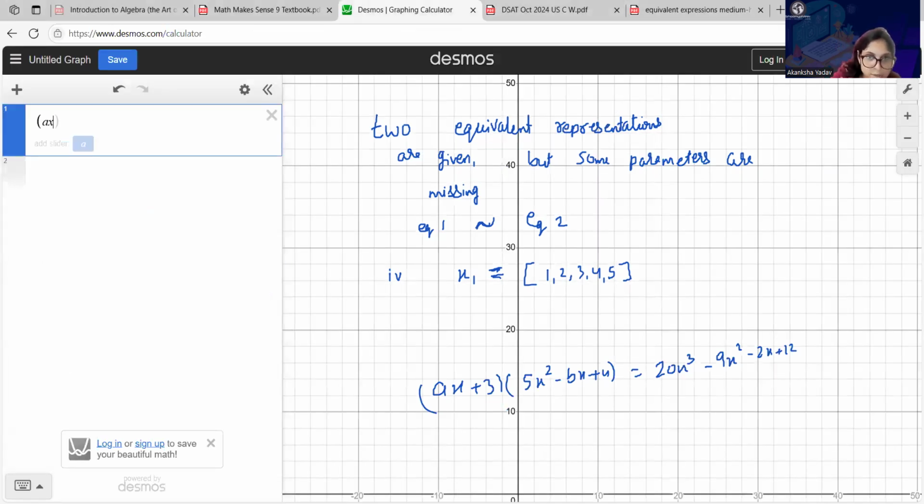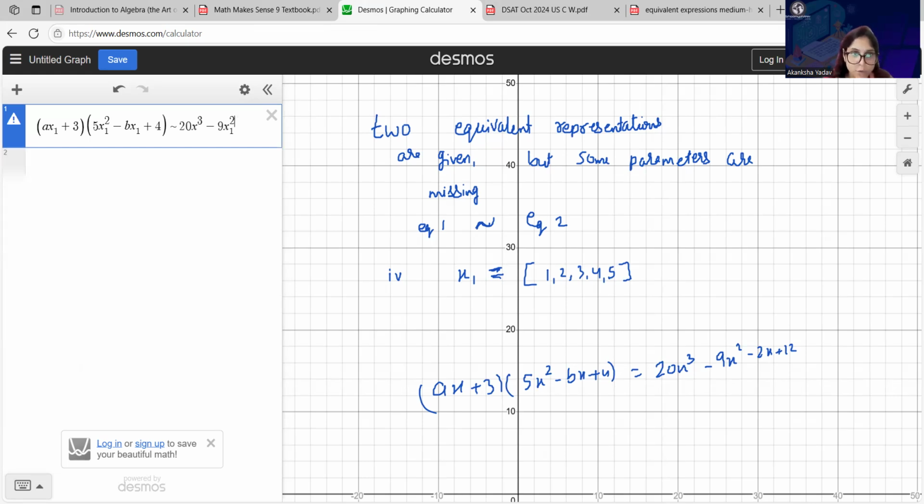So we will be writing ax1 plus 3, 5x1 squared minus bx1 plus 4. And this is equivalent to 20x cubed minus 9x1 squared.